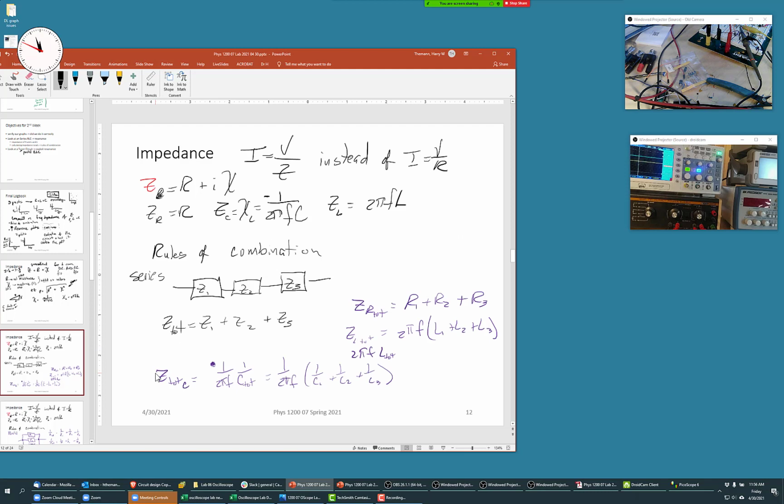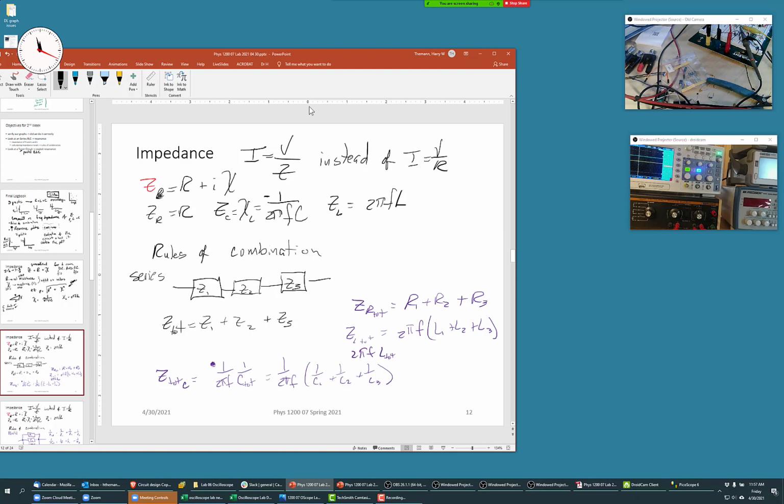So as I said, Z is just a replacement for R. So we've seen it before. The Z of a resistor is just R. The Z of a capacitor is the chi term, and it's minus 1 over 2 pi times F times the capacitance. The minus sign is important.